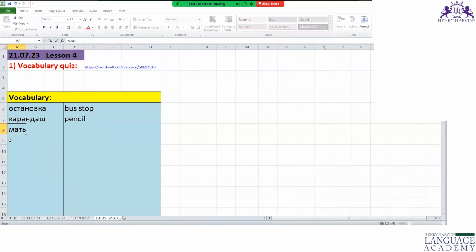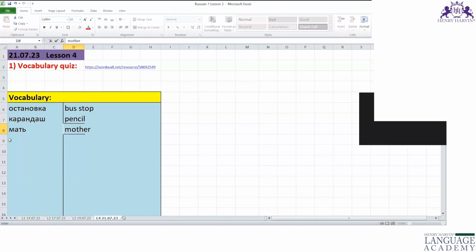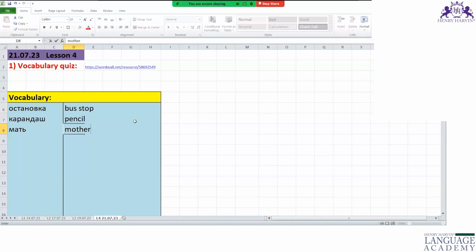But мать is the official word, mother. For example, if you fill in a document and it says to write down your mother's name, it will be written not mama, not mommy's name, of course, but mother's. So here, мать. Имя матери, мать.